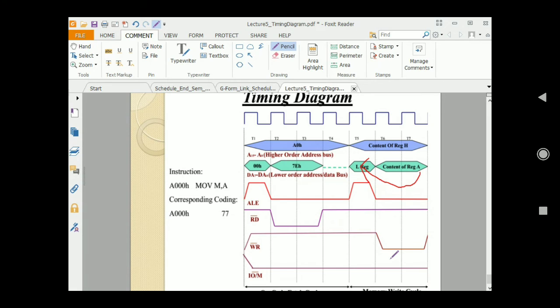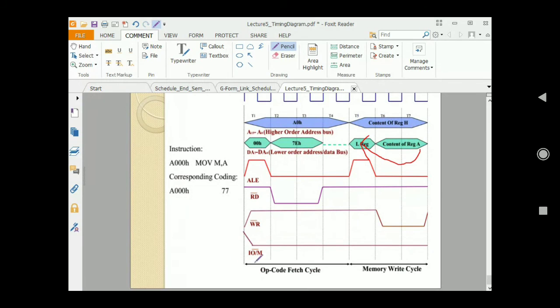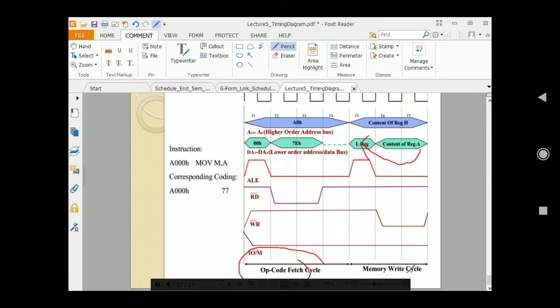That's why it is always low here. So the work is only in memory, the IO operation did not come, so it is always low here. So first is the opcode fetch cycle, and again the memory write cycle, a two-phase cycle.